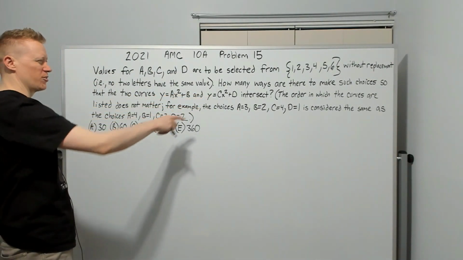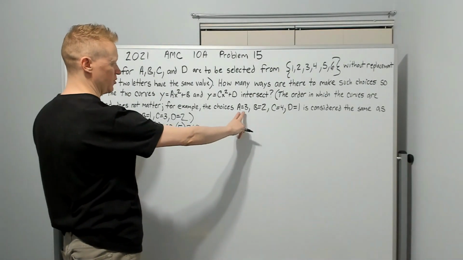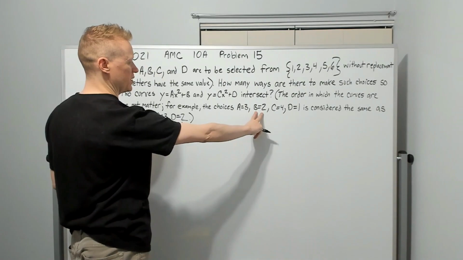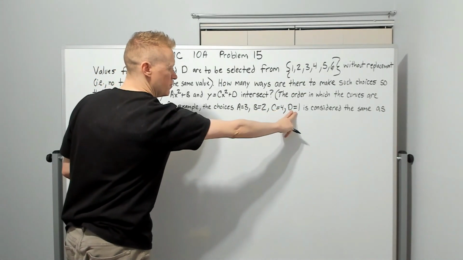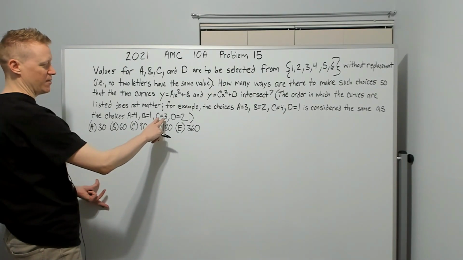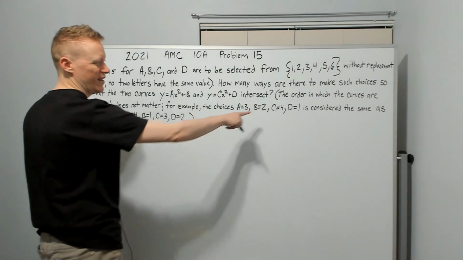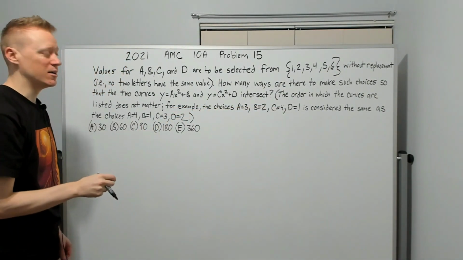It says the order in which the curves are listed does not matter. For example, if you had 3x squared plus 2 and 4x squared plus 1, or you switched it, where this became 3x squared plus 2 and that one became 4x squared plus 1, those are considered the same, okay?